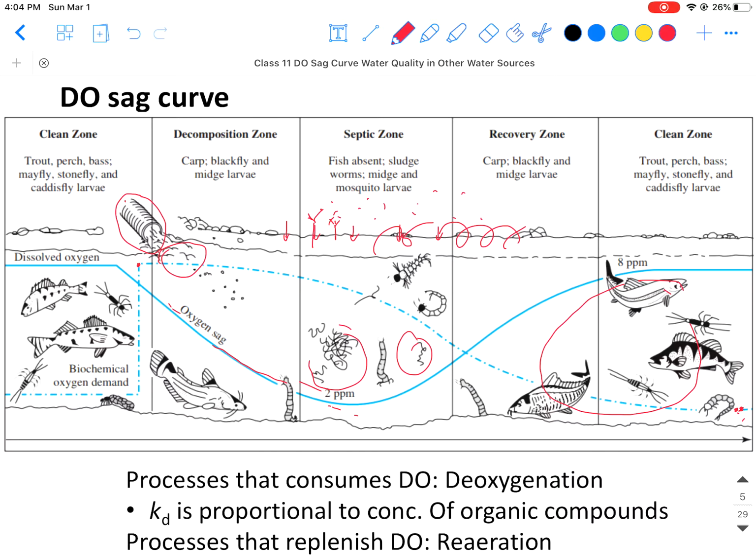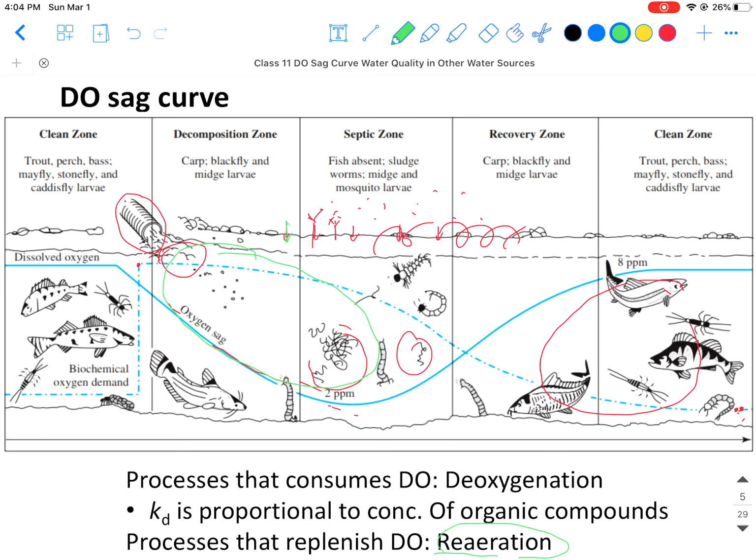So now you can see that the concentration of dissolved oxygen is mainly affected by two processes, right? The first process is the oxidation process that's reducing the oxygen concentration in the water. And the second process is this replenishing process, which we also call reaeration.